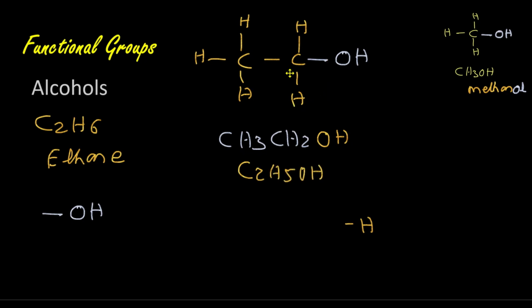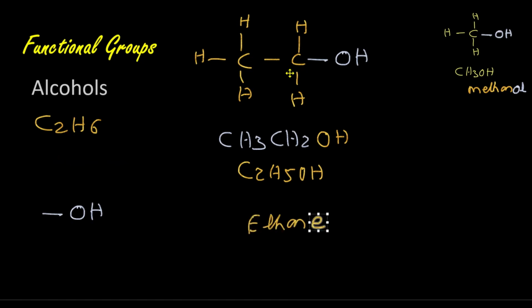Now, as I can see, here also this OH functional group has substituted for hydrogen in this carbon chain. And what are the things going to change? Number one, the molecular formula has changed, its chemical properties will change, and the name. The name was ethane earlier.